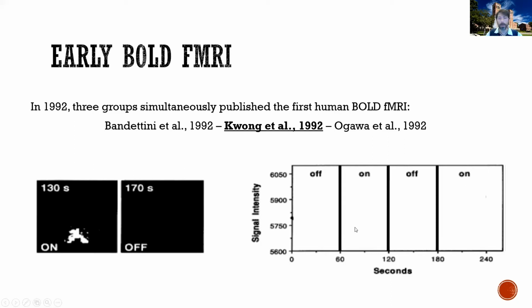So let's see what happens to the MR signal. So we start right here, and then you turn it on, and hoop, the MR signal goes up, then you turn it off, and the MR signal falls off, and you turn it on again, and hoop, it's up again. So we can clearly see that the signal is changing in response to the visual stimulation, or at least it's changing in concomitance with the visual stimulation.